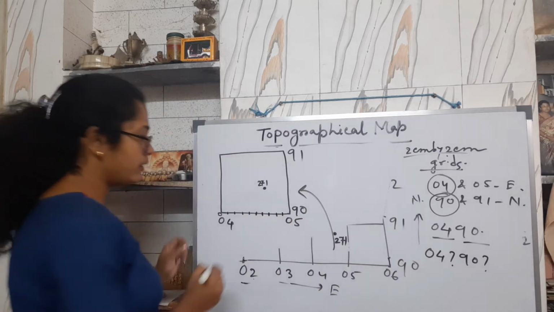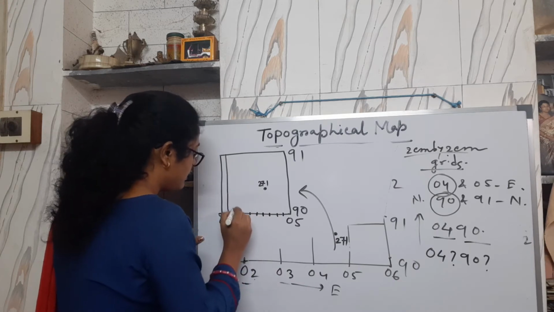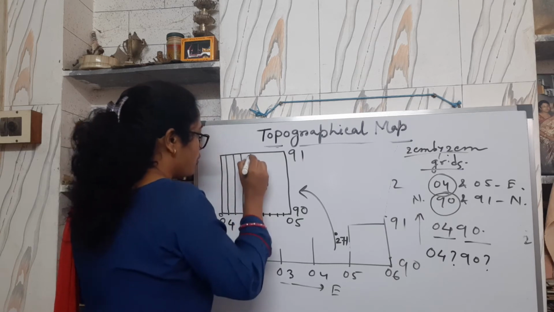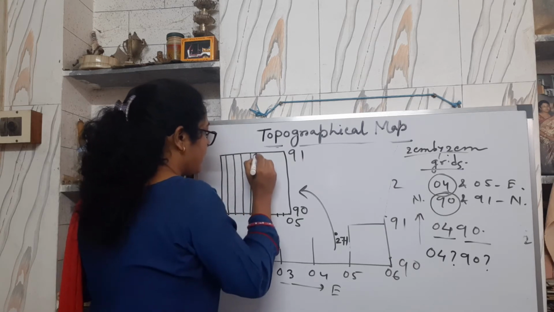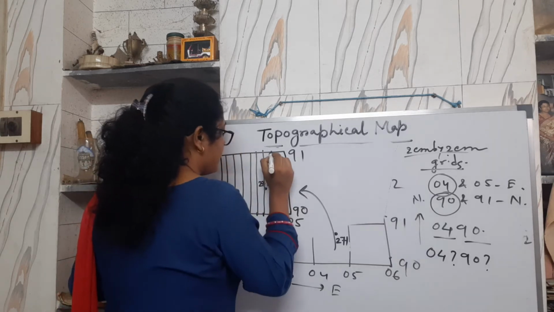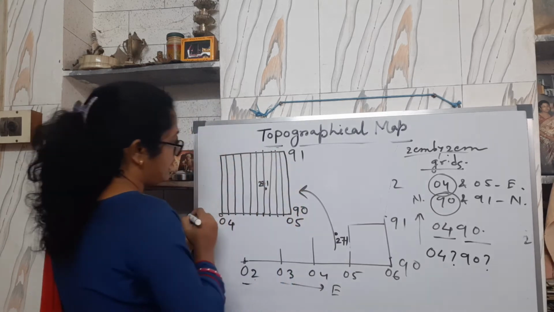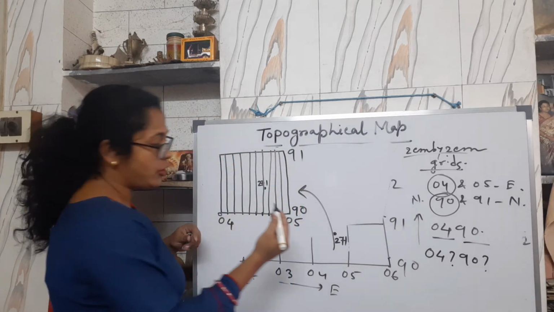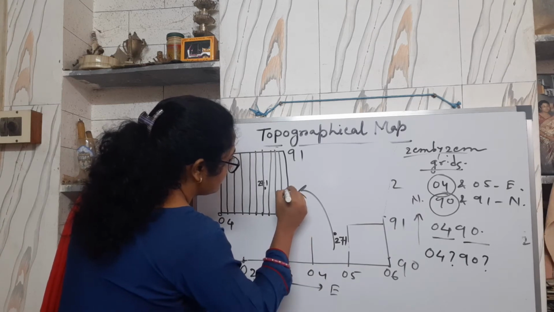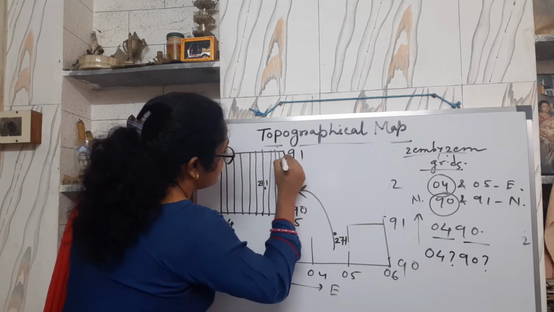In this way I am drawing the lines. Then horizontally also you have to draw the same: 1, 2, 3, 4, 5, 6, 7, 8, 9.